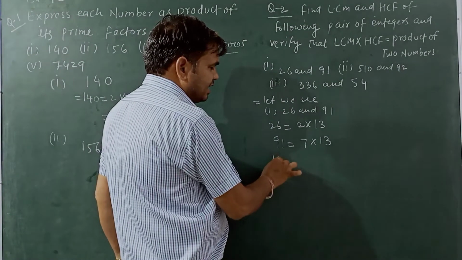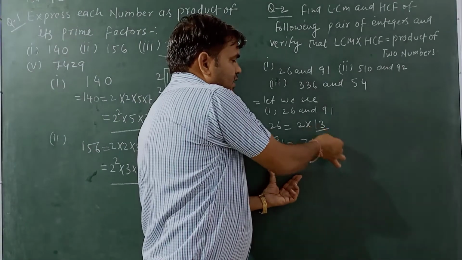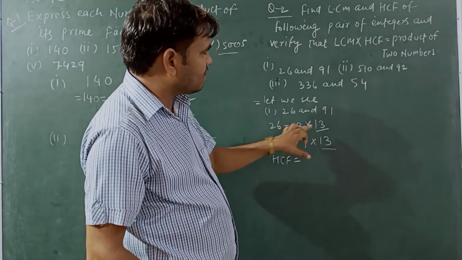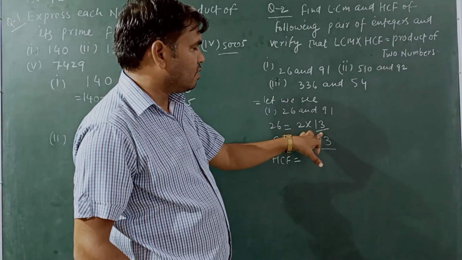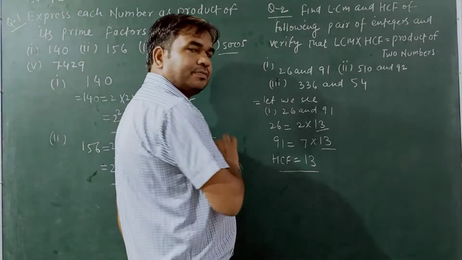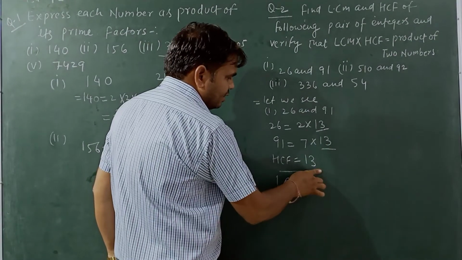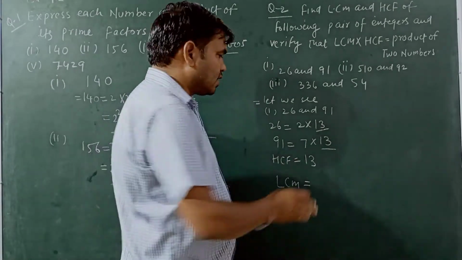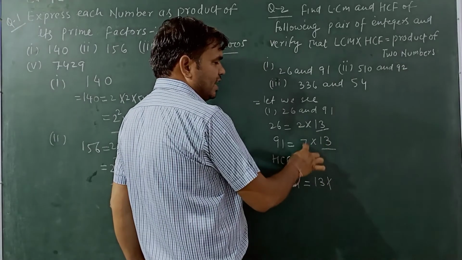So for finding the HCF, we take the common factors in the given factorizations. In 26 the common factor is 13 and in 91 also the common factor is 13. So we take it here. So this is the HCF finding method, and now the LCM. In LCM first we take the common number, that is 13, and after that the remaining numbers 2 and 7.